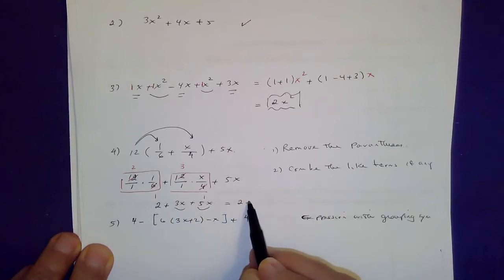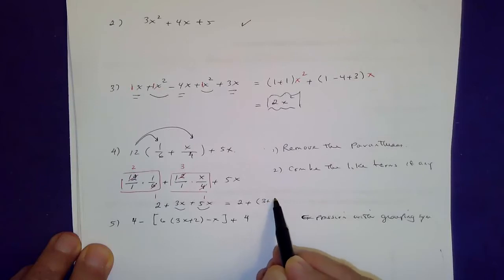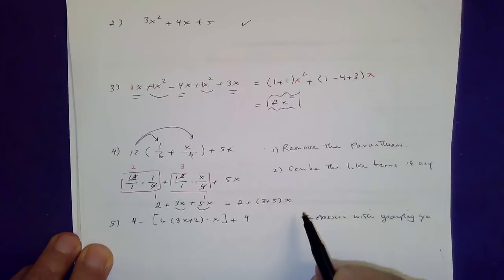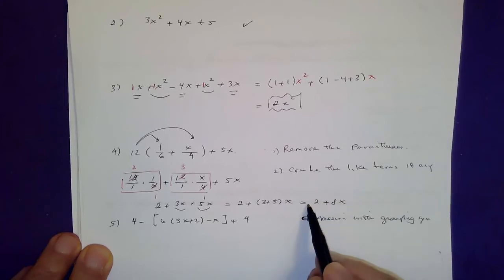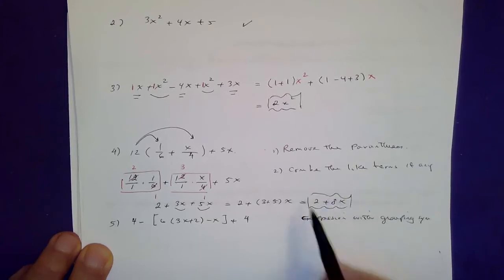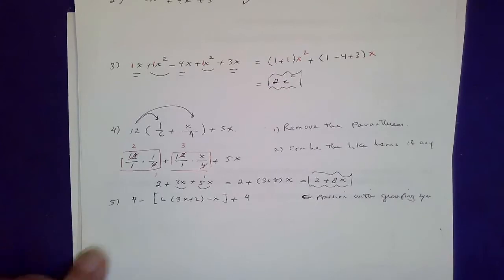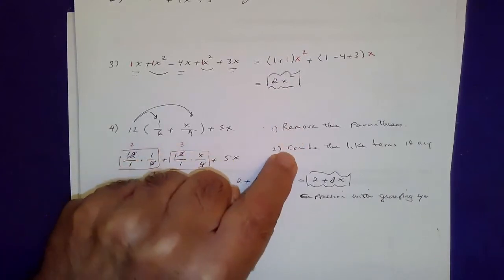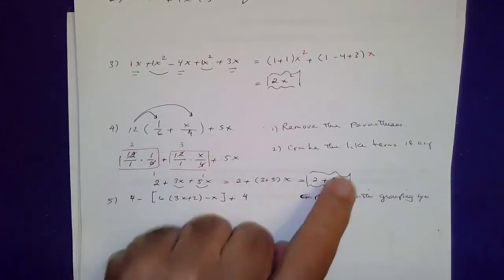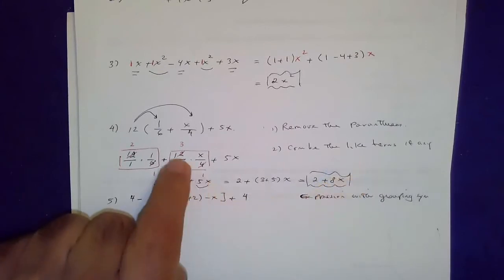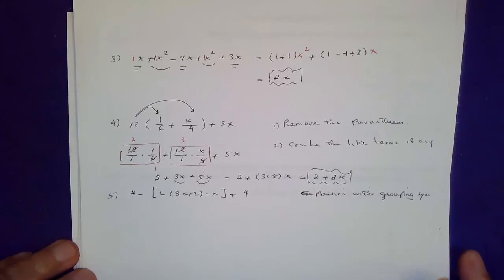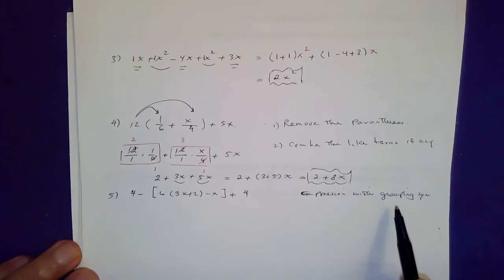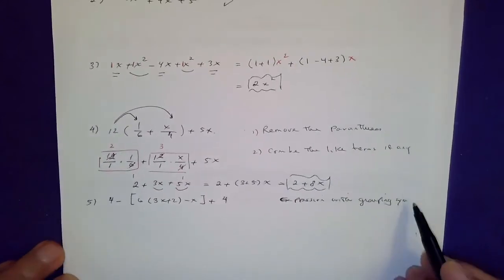So the answer is 2 plus 3 plus 5 times x. So the final answer is 2 plus 8x. Do you see it? So that's how you combine those guys. So remove the parentheses, then combine the like terms. Remember what a like term is. Same variables and same powers. Gotta have same powers.